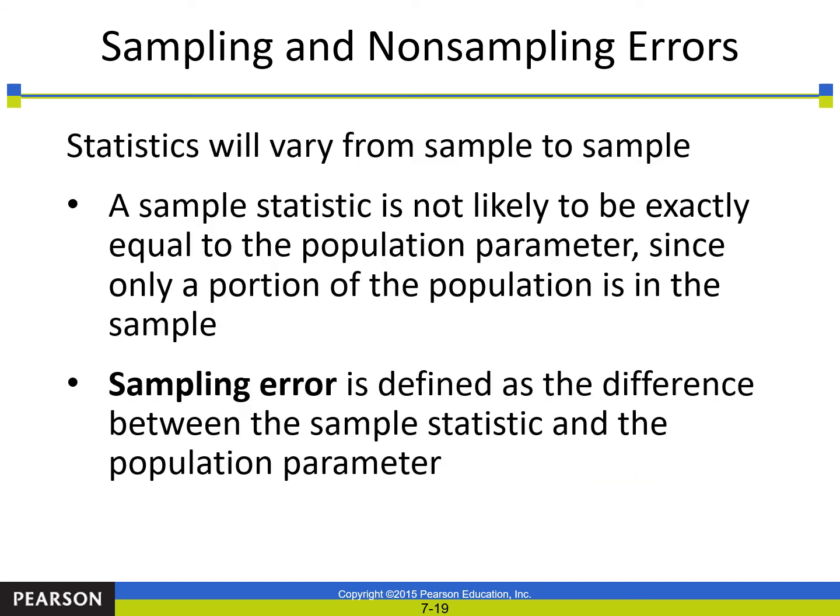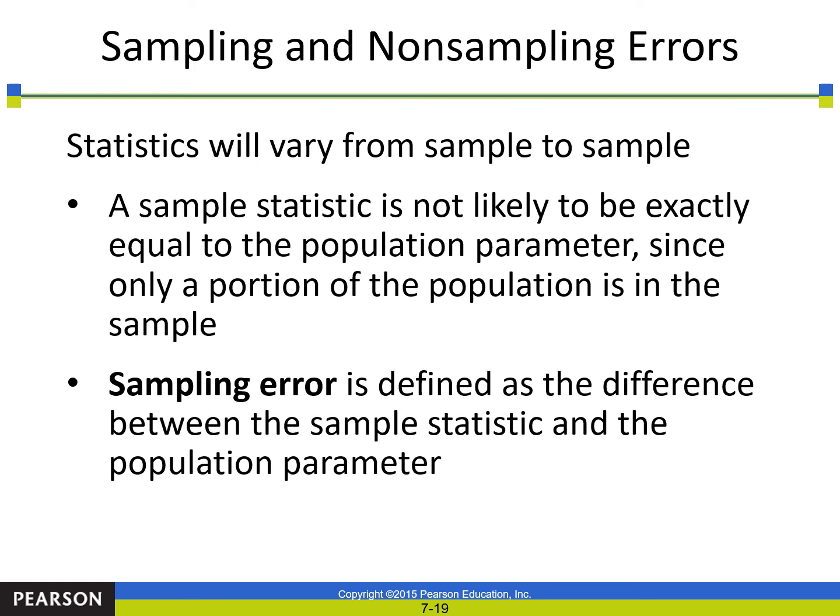Okay, so statistics will vary from sample to sample. And as you are going to come up with your first simple random sample in activity number 1, all of you will have different samples. A sample statistic is not likely to be exactly equal to the population parameter, so we can't expect that, but it will be relatively close.